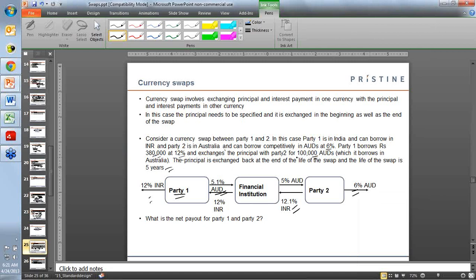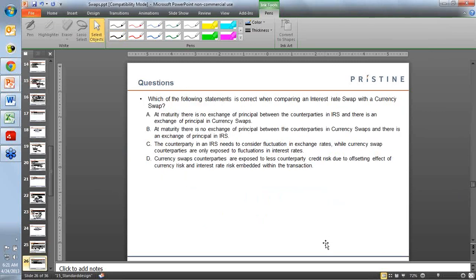So party 2 will give 100,000 Australian dollars to party 1, and party 1 will give 380,000 Indian rupees to party 2. Okay, so I hope this is clear to everyone.